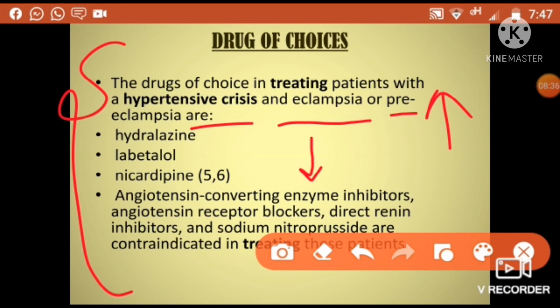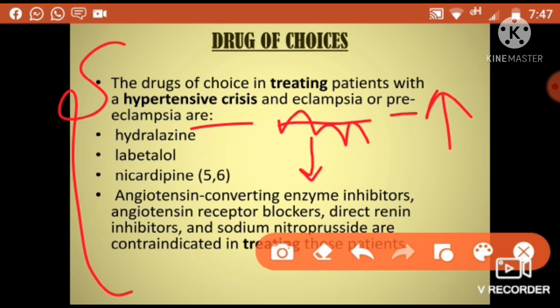So eclampsia is seizures or convulsions in pregnant women. Due to the lesser amount of oxygen or metabolic alkalosis or fetal alkalosis, these conditions occur and cause seizures.